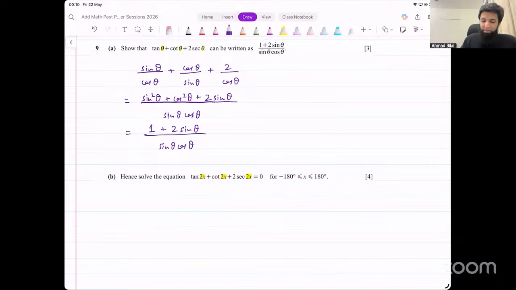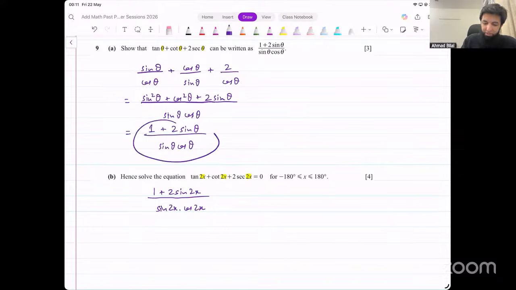So what we can say is, since this thing could be written like this, the left-hand side of this equation as well, we could write as 1 plus 2 sine, just replace theta with 2x. In the denominator, you would have sine 2x into cos 2x.